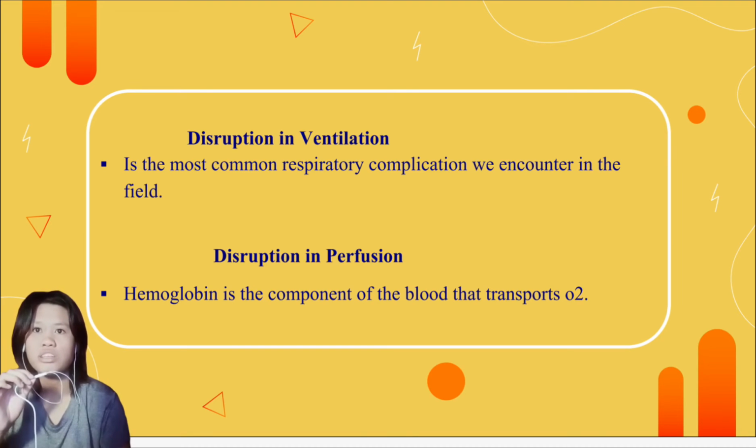Next, disruption in ventilation is the most common respiratory complication we encounter in the field. Next, we have the disruption in perfusion. Hemoglobin is the component of the blood that transports O2.